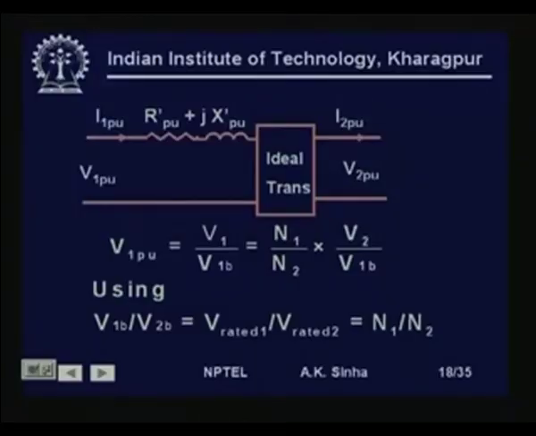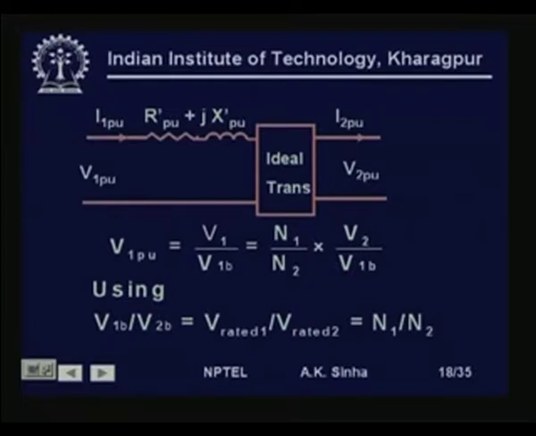Now, let us see, we have a transformer. This transformer can be represented as a leakage impedance, that is R in per unit and jX in per unit referred to the primary side, and an ideal transformer, and then we have the voltage V2 per unit on the secondary side and I2 per unit current on the secondary side. We have neglected the magnetizing part of the transformer here.